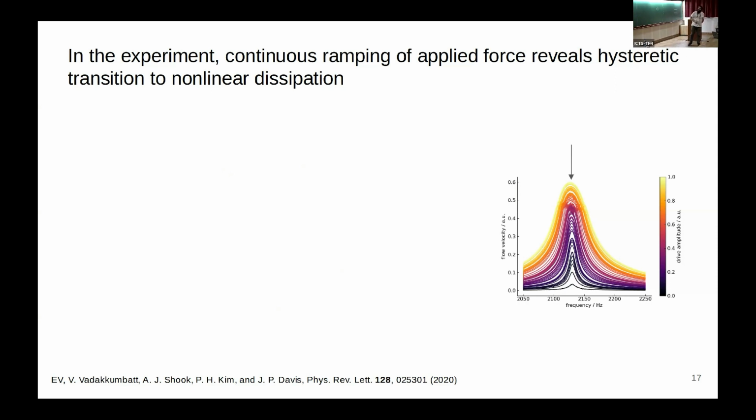Now, the way we do the experiments is not to simply look at the nonlinear resonant response, but to sit exactly on the resonance and do a hysteretic measurement. Go with the drive up and down, by continuously ramping the driving pressure gradient that moves the flow around.